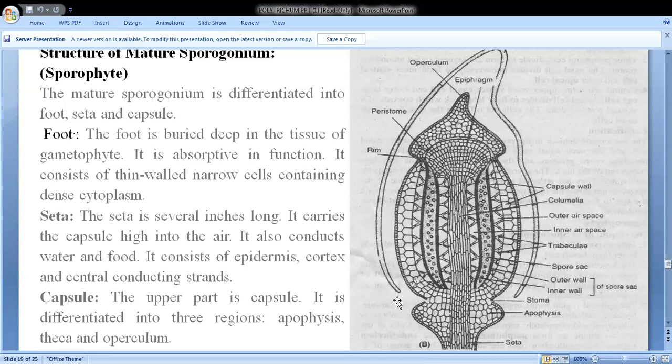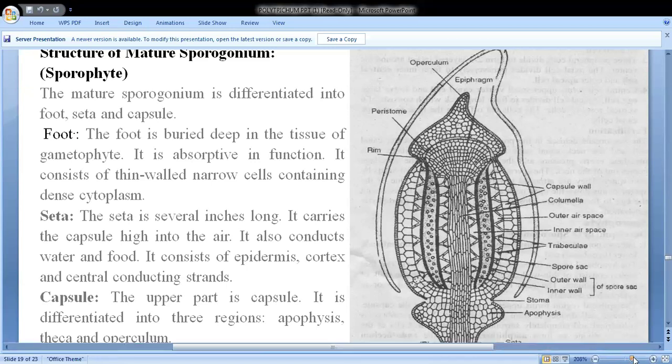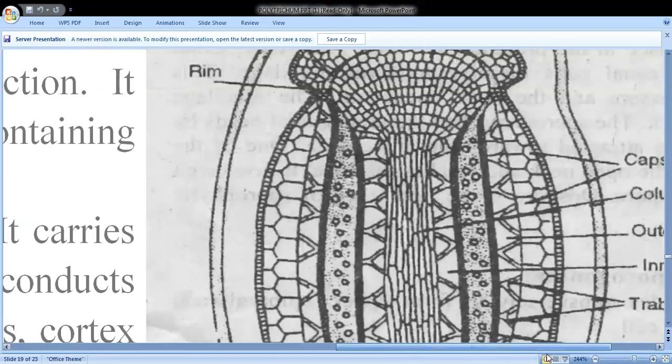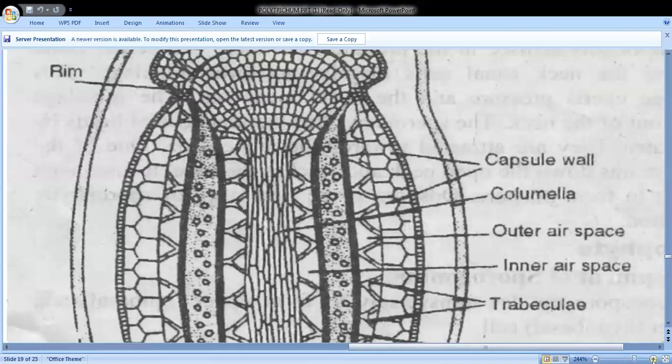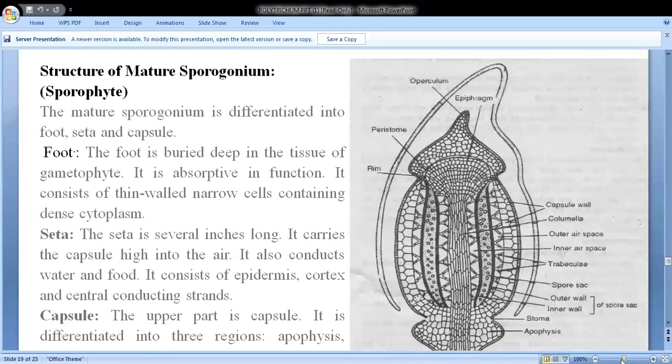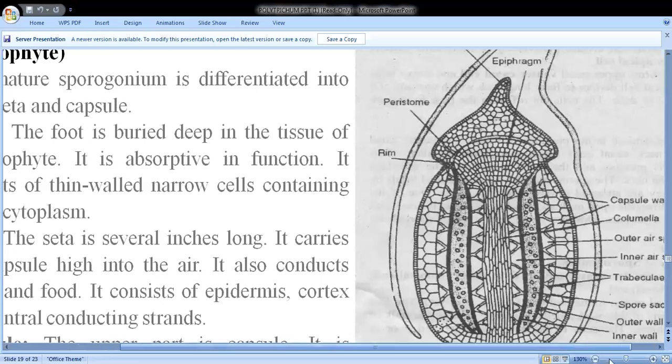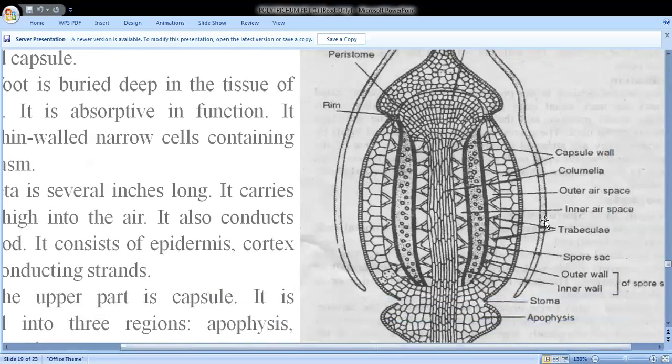It is divided into small chambers by transverse filaments of chlorophyll-containing cells, which we call trabeculae. See here, the trabeculae.